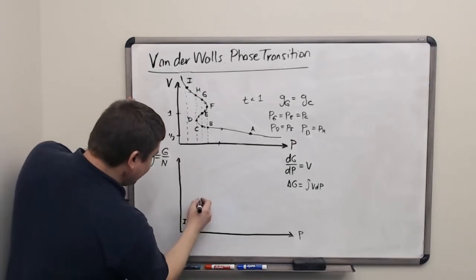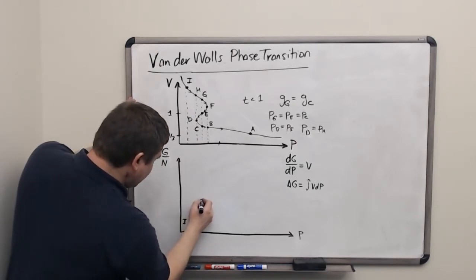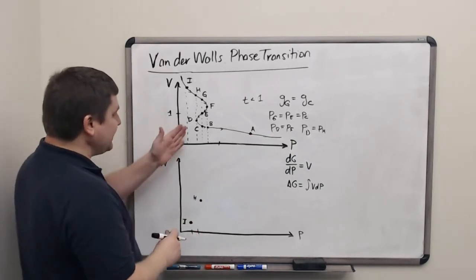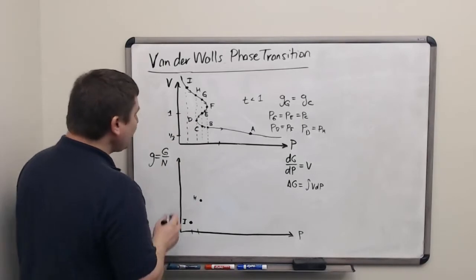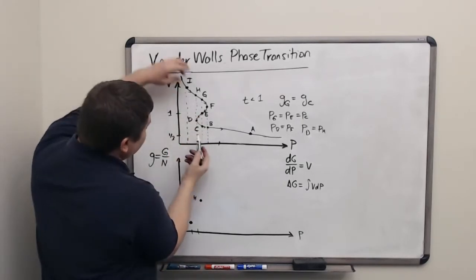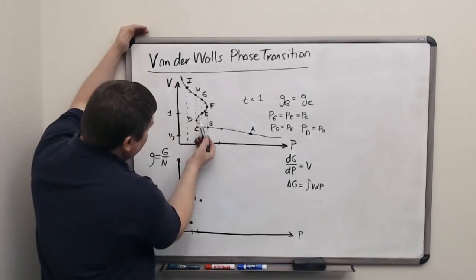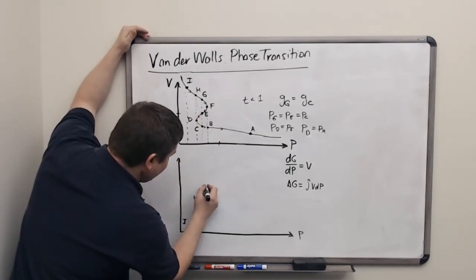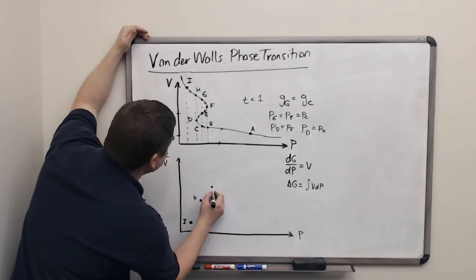So we have a positive increase in the Gibbs energy, which is rather significant compared to the rest of the graph. From H to G, we get an area between these two lines, all the way from the axis to the isotherm. So we get another increase up to location G.